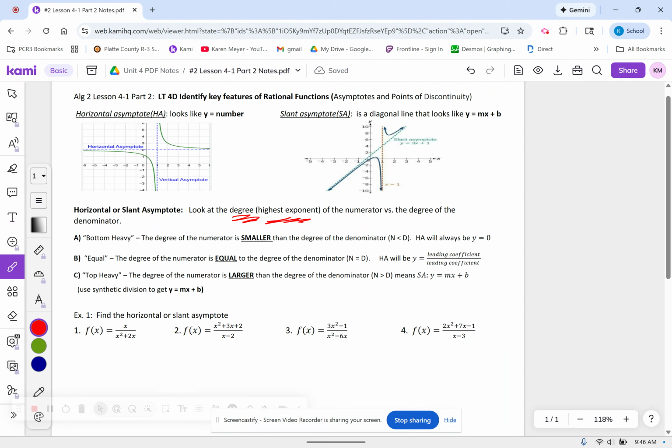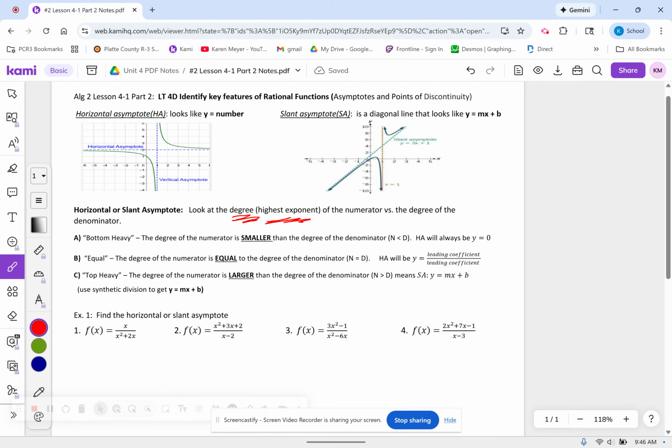What we're going to do is compare the degree on the top, the numerator, to the degree on the bottom of the fraction, which is the denominator. So if we're comparing the highest exponent on top and bottom, then there are three situations that can happen.